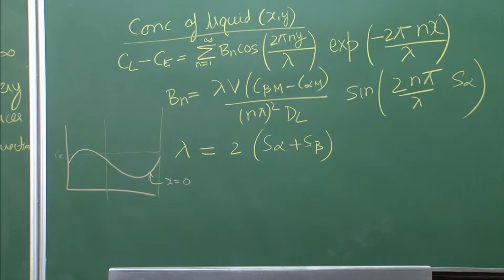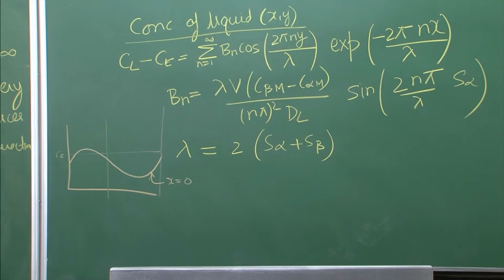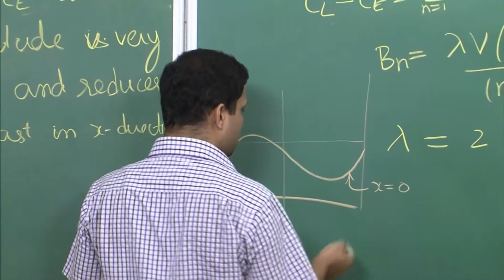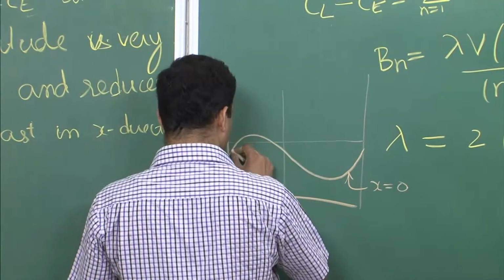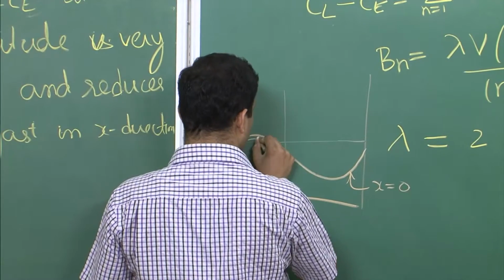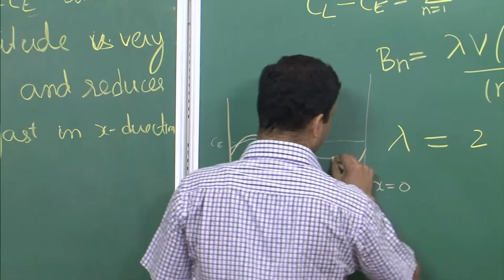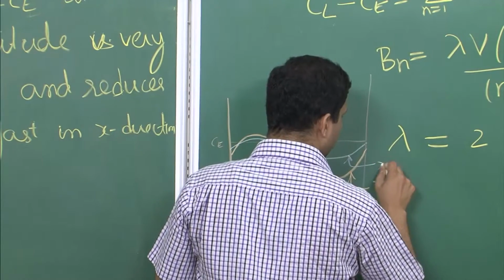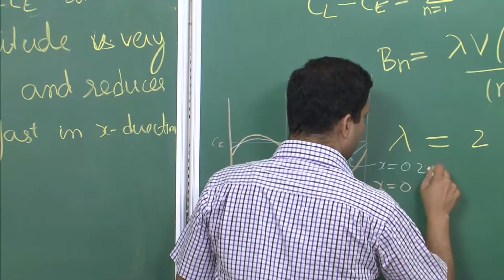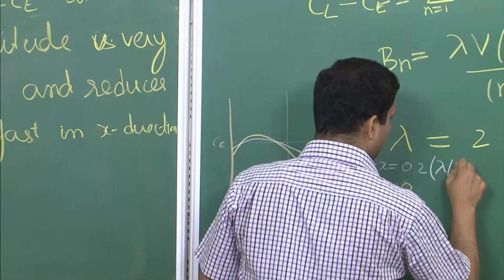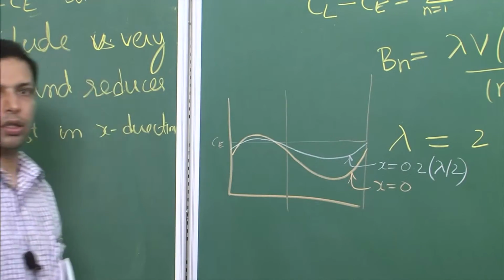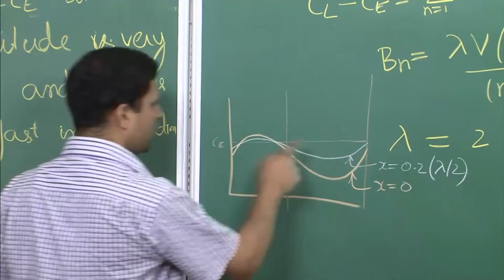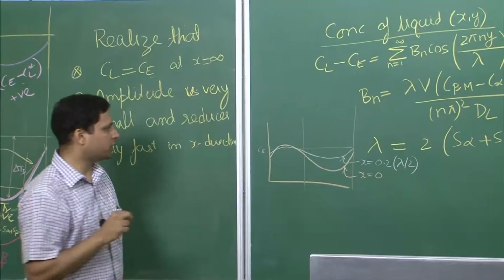Now let's see how it will look at some distance away, which is not very far. In fact, it is just 0.2 lambda by 2, and it drops. So this distance is x equal to 0.2 of half the wavelength, or 0.2 of S alpha plus S beta. So it reduces very fast. The amplitude has reduced.